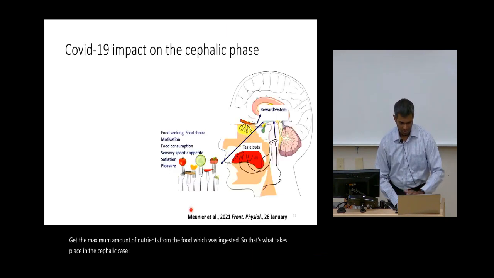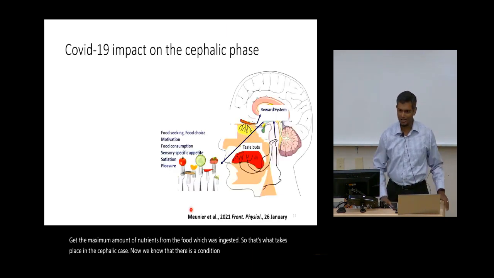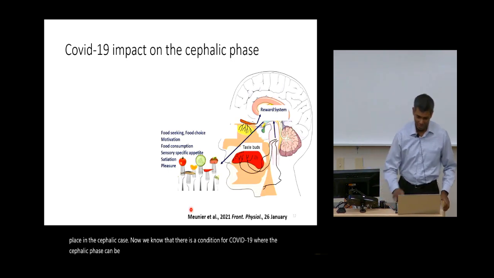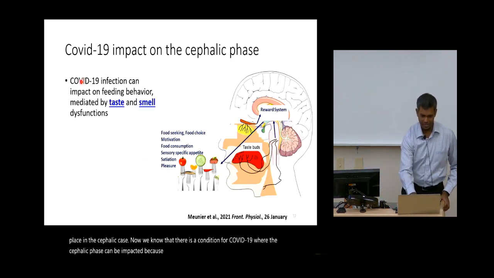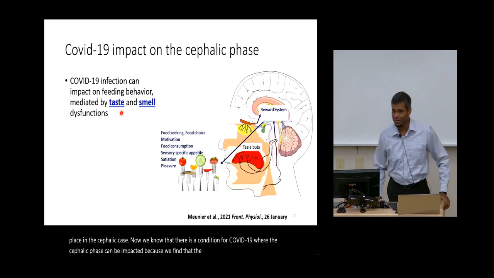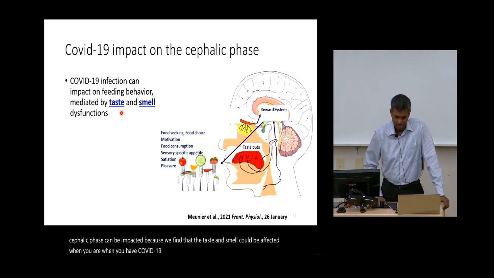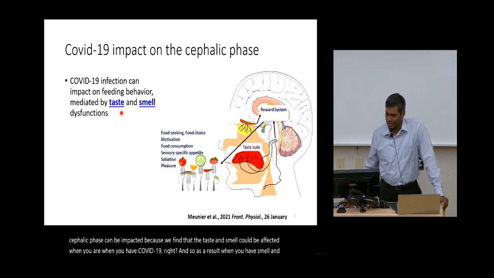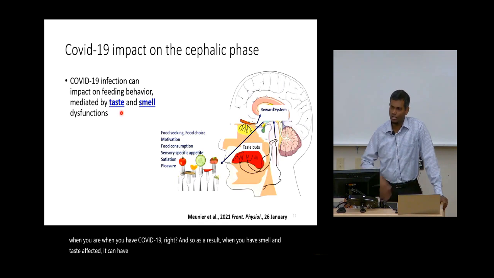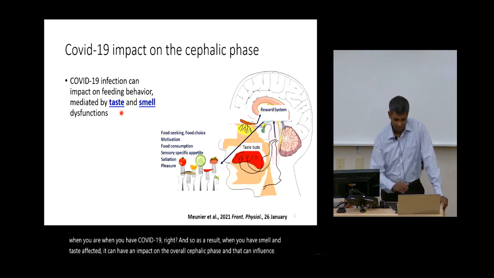Now, we know that there is a condition called COVID-19 where the cephalic phase can be impacted, because we find that the taste and smell could be affected when you have COVID-19, right? And so as a result, when you have smell and taste affected, it can have an impact on the overall cephalic phase, and that can influence how much food you eat.